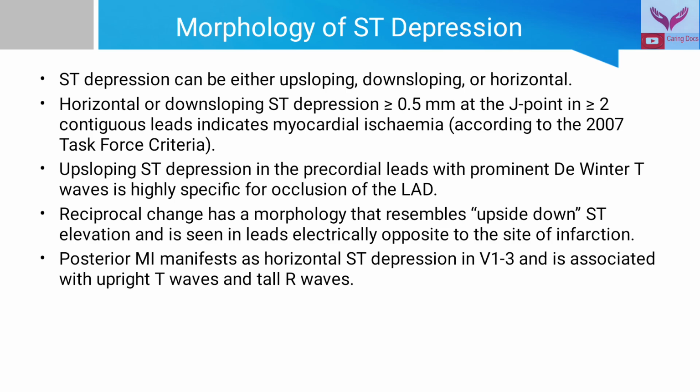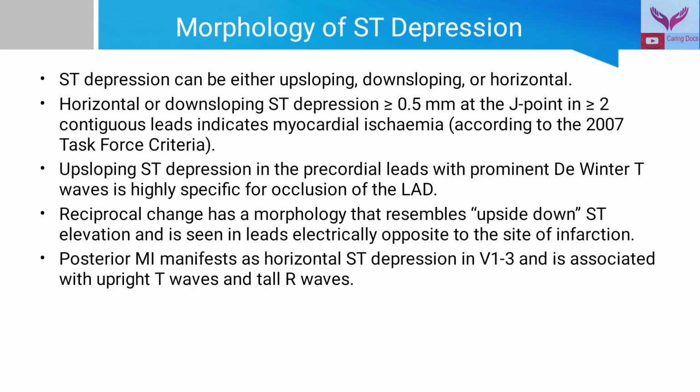Horizontal or downsloping ST depression that is more than 0.5 mm at the J point in two or more contiguous leads indicates myocardial ischemia according to the 2007 task force criteria. Upsloping ST depression in precordial leads with prominent De Winter T waves is highly specific for occlusion of the left anterior descending artery.